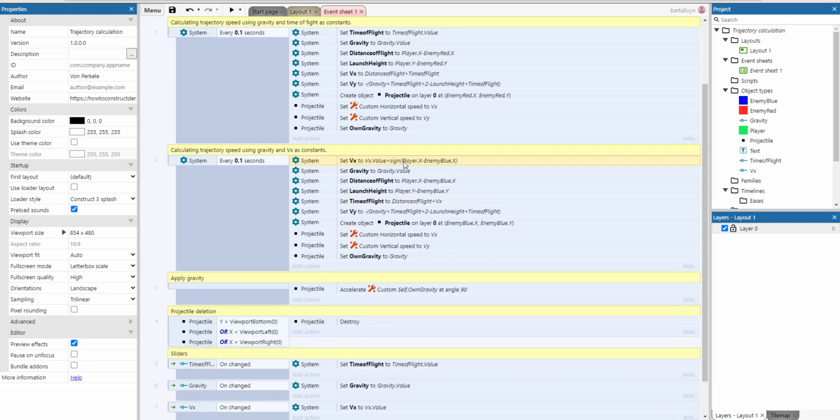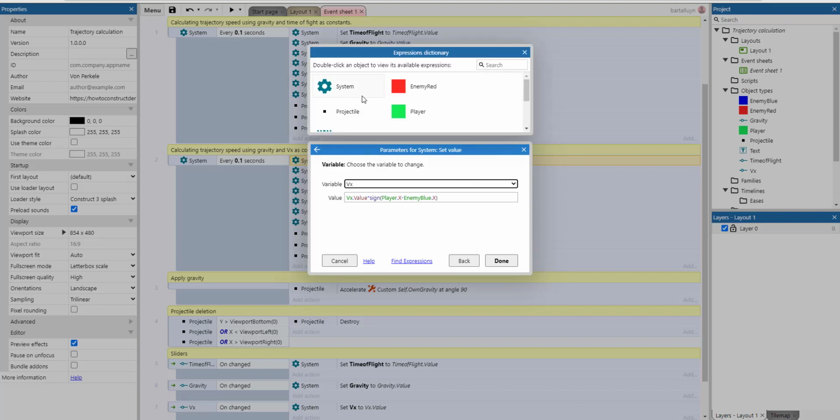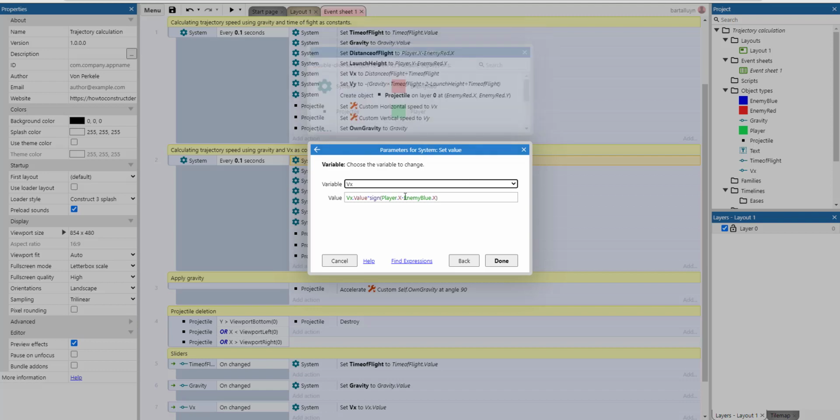We take into account the position of the player versus the enemy, because by default we will have a positive value from the Vx slider, but the player is not always to the right of the enemy, of course. And if the player is to the left of the enemy, it needs to multiply it by -1, and that's what we're doing here.